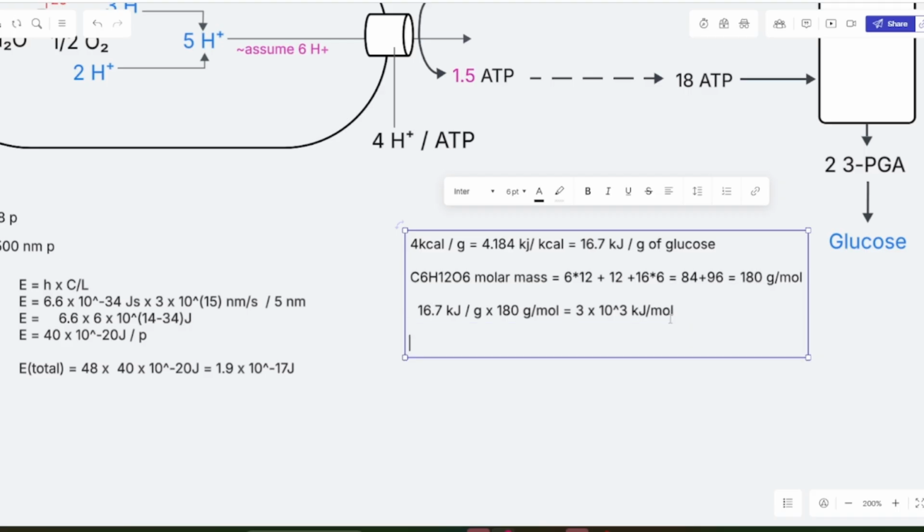And now we need to go from here to the energy content per molecule of glucose. So there we're going to use Avogadro's number. So that's 6.022 times 10 to the 23, but we'll just call it 6 times 10 to the 23. That's molecules per mole, Avogadro's number.